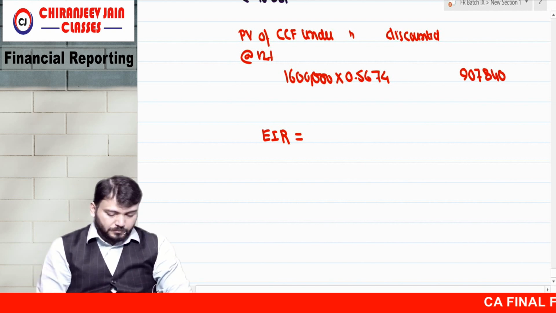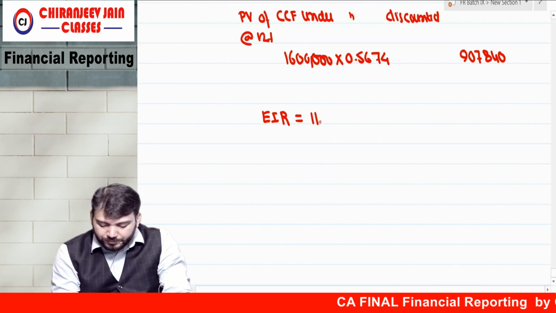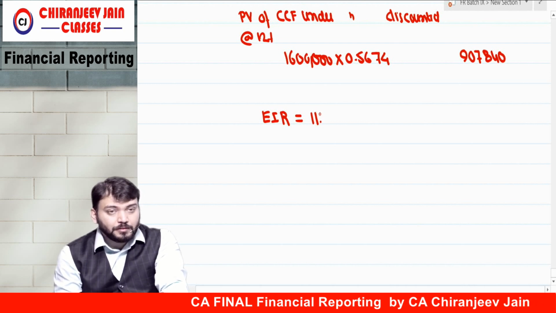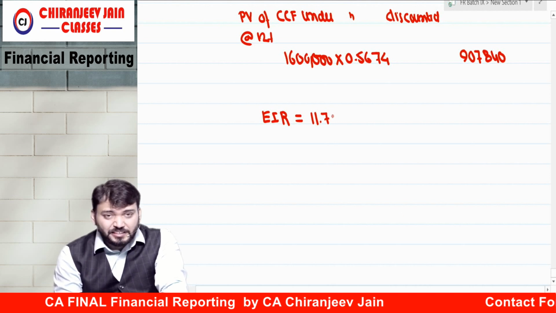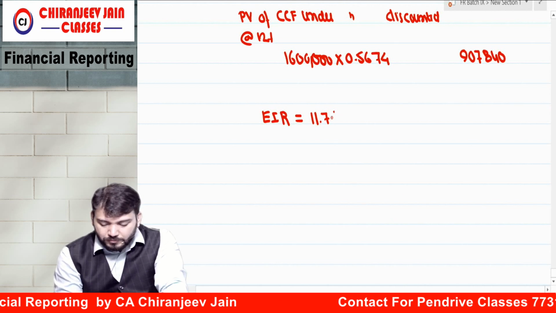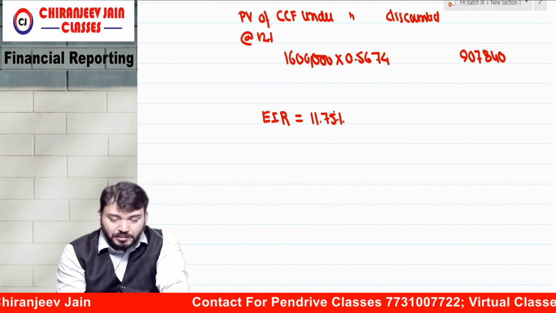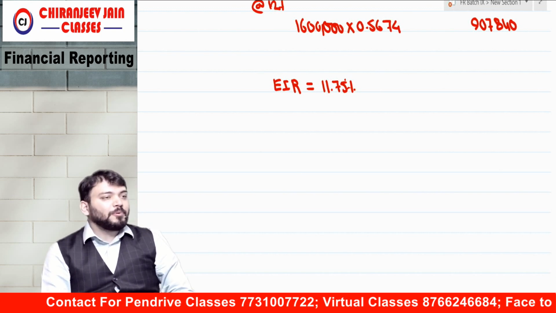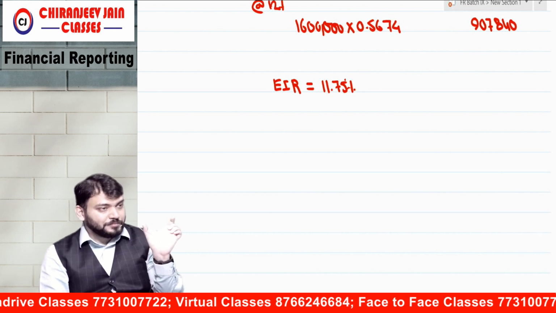What is the EIR? 11.7, no? 73. So let me write 75. 11.75%. The difference between the two rates is 1.15%.